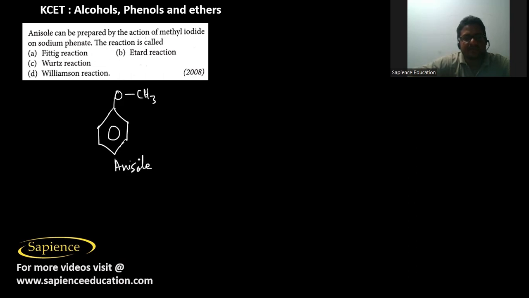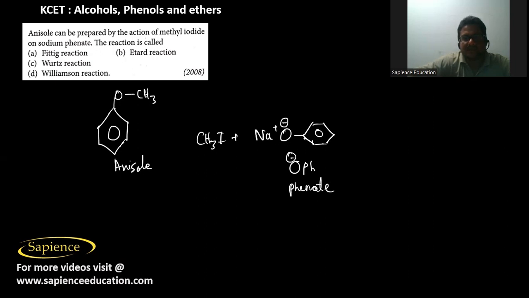It can be prepared by reacting methyl iodide with sodium phenate, that is Na plus OPh minus. This OPh minus is called the phenate ion. So it is sodium phenate, and it reacts with methyl iodide to form anisole.